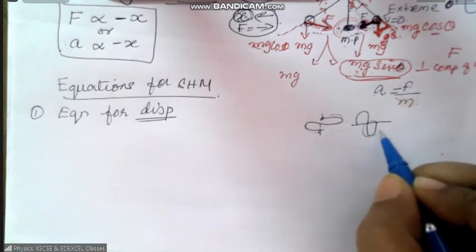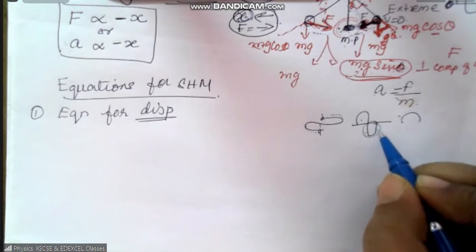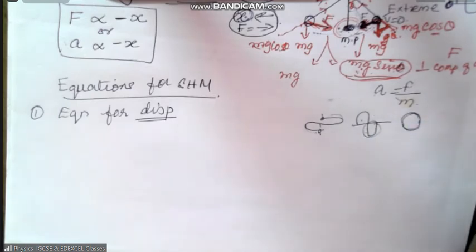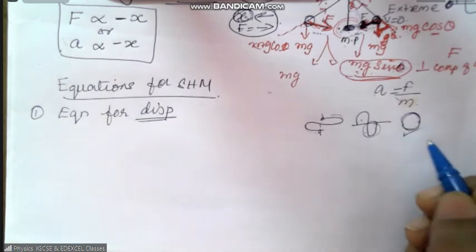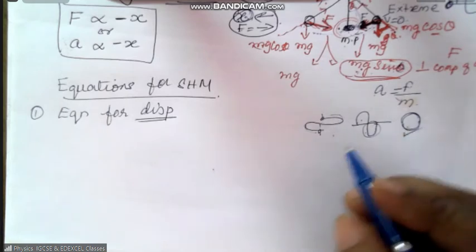How? If you put this part under this, this is the first part. If the second part is put under, it becomes a circular motion, right? So the concepts of circular motion can be applied in simple harmonic motion as well.